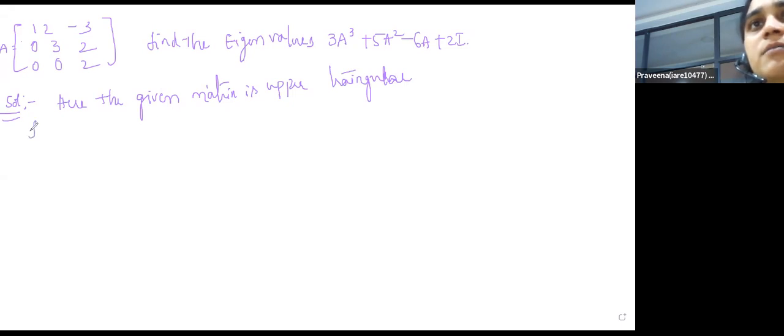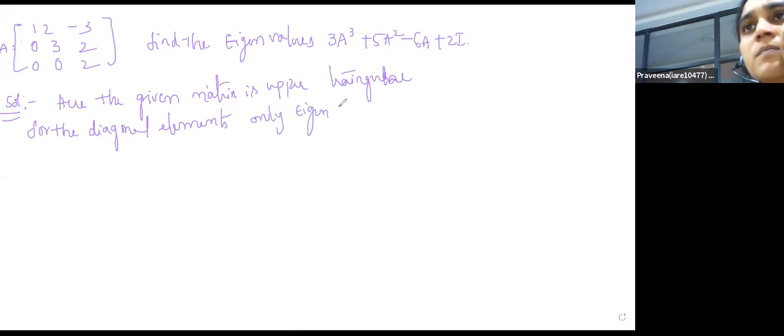For that, the diagonal elements only are the eigenvalues. Therefore here eigenvalues lambda is equal to 1, 3, 2.